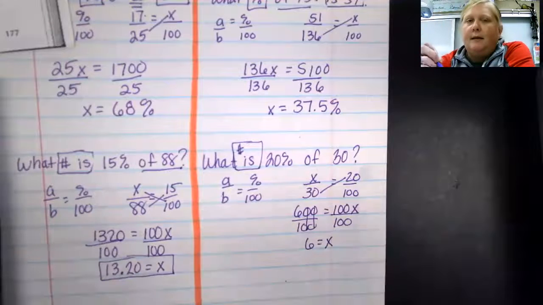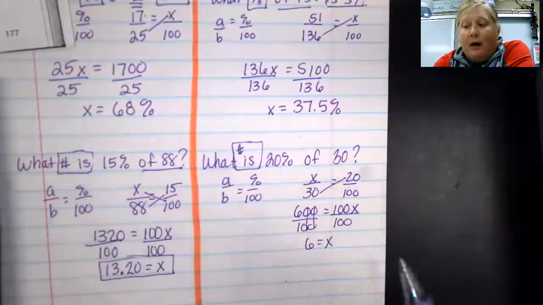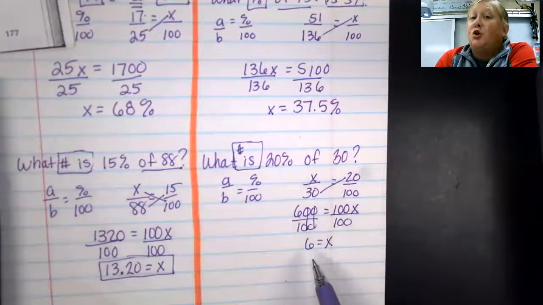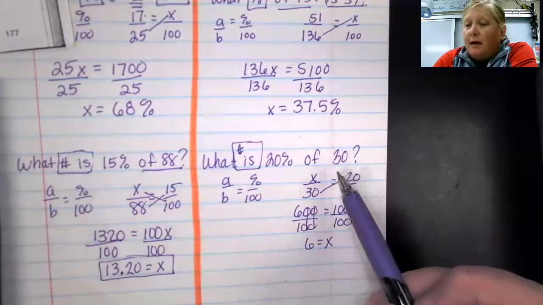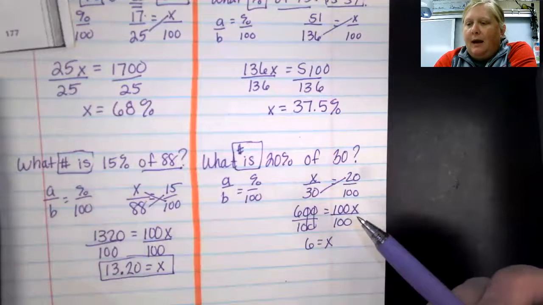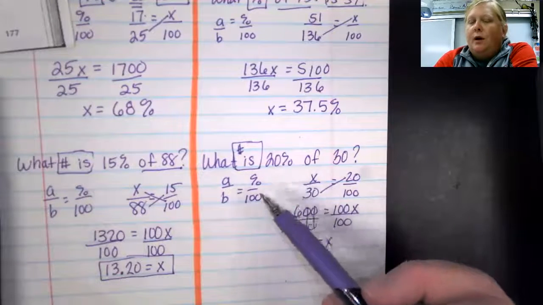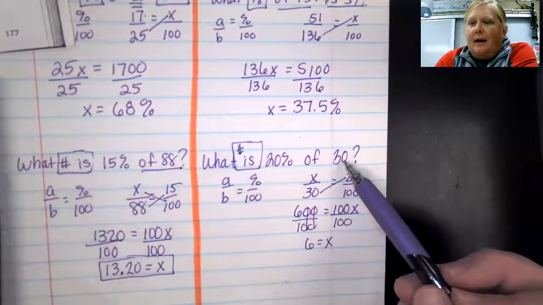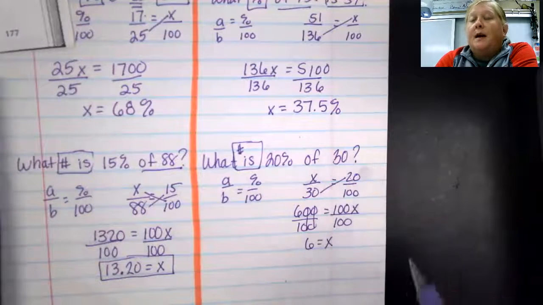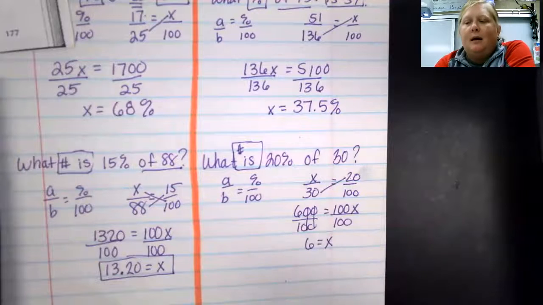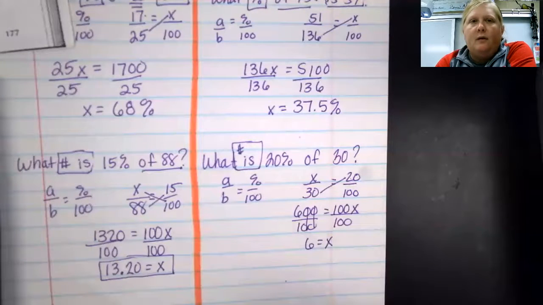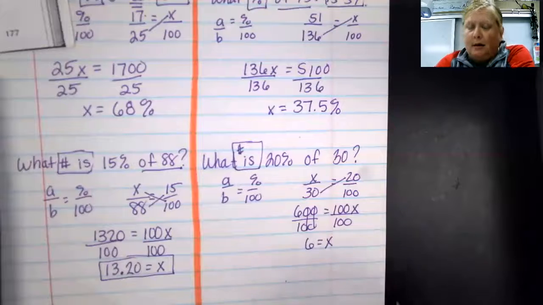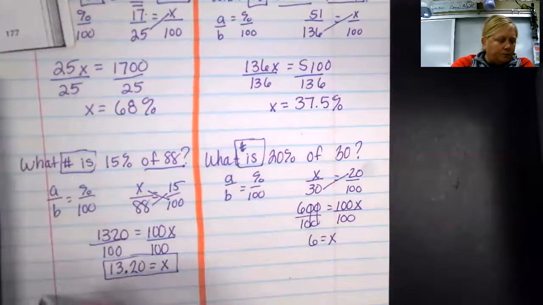When we talk about 20% off, this is what I would have to subtract from 30 to pay. So be careful when we think of real life stuff. 20% off, I'd have to take $6 off. I'm not really only paying $6. That would be a great deal though.